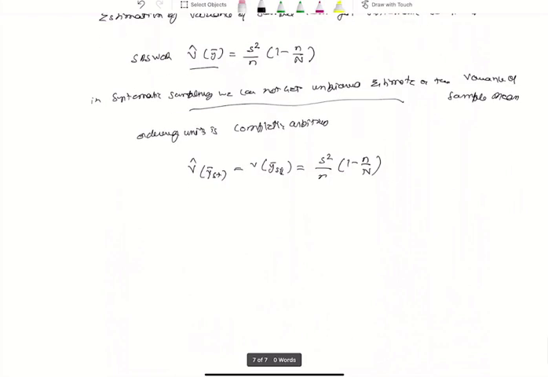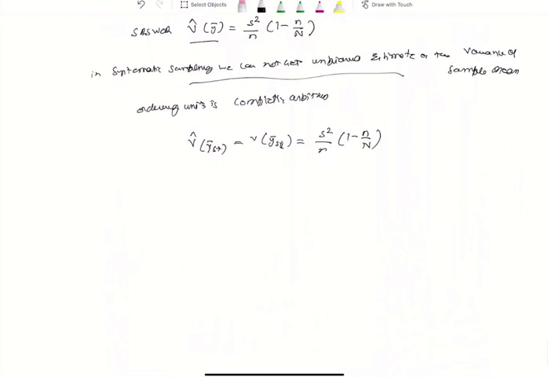But we can never be absolutely sure that the model assumptions hold at all times. And why is this? Because if you look at this variance of y bar, it is s square over n, 1 minus n over N.